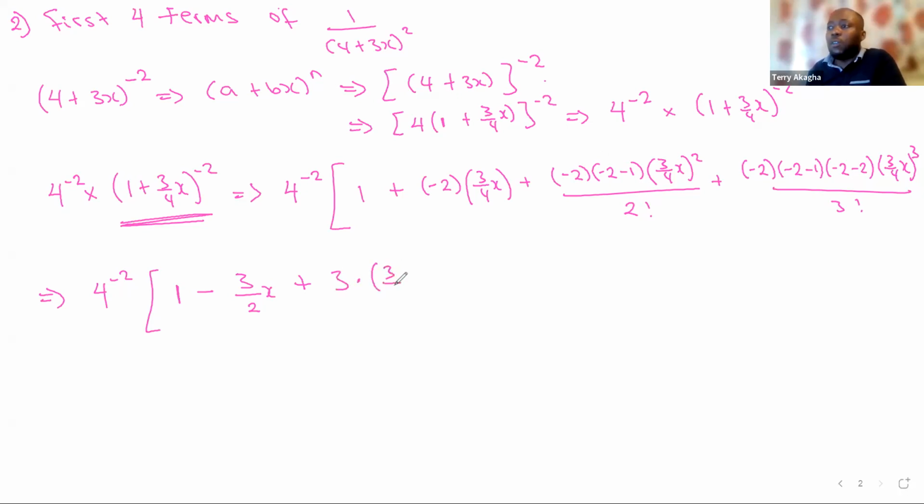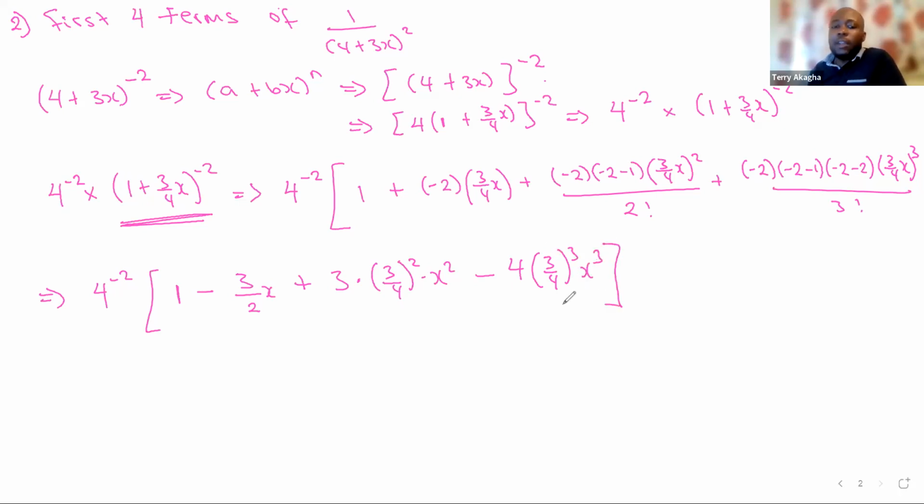Then we have 3 over 4 squared, okay, x squared. Then all this is still going to give you minus. When you simplify all the numbers there, it should give you 4. Then I'm going to break this 3/4 x cubed down. I'm going to give you 3/4 cubed x cubed.